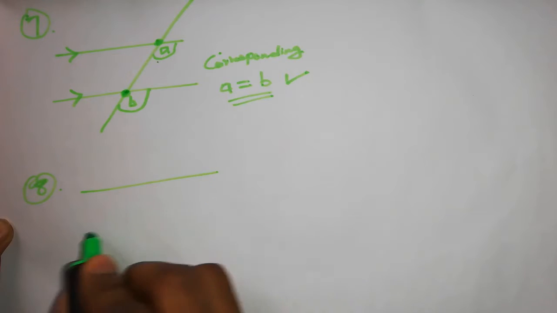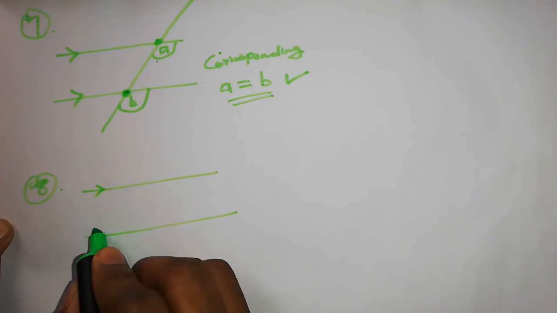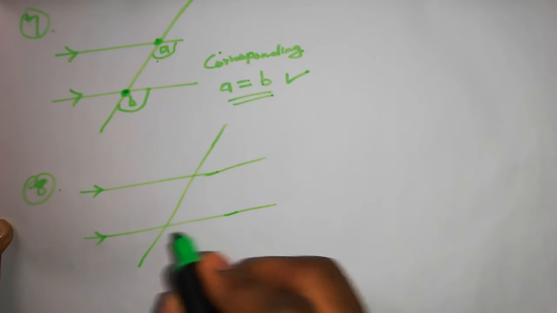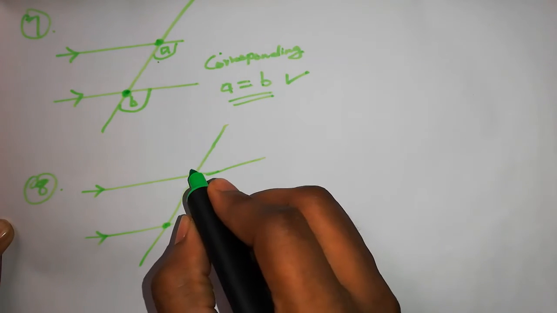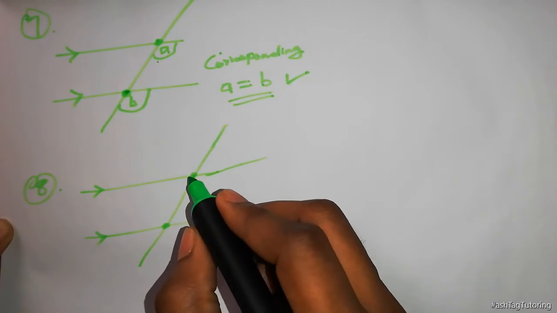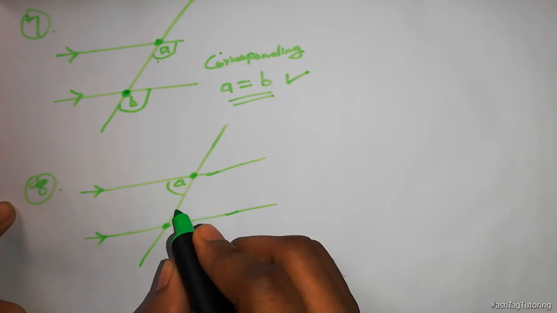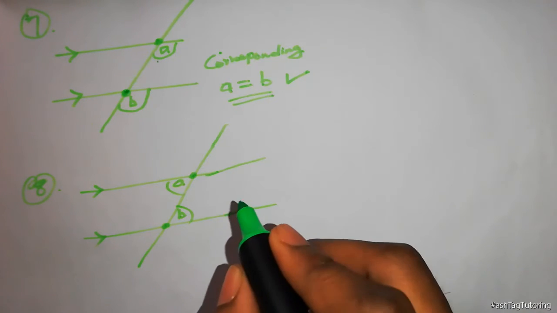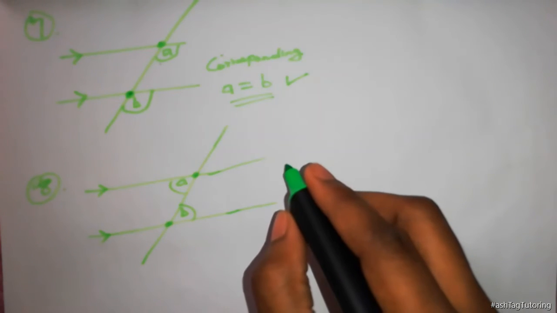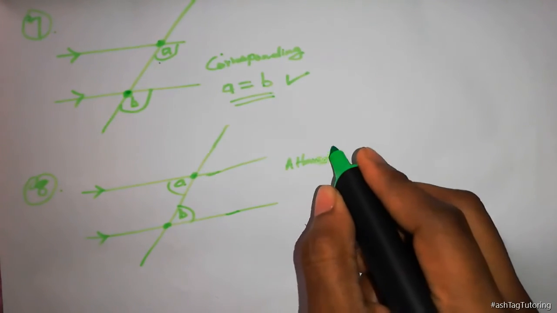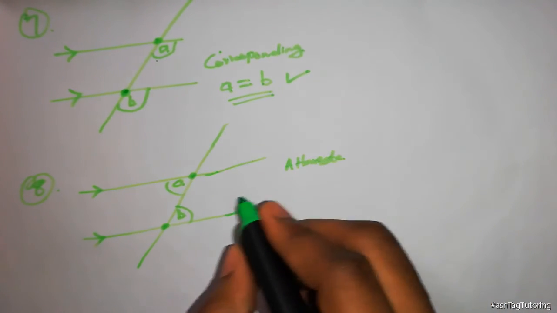Rule number 8, two parallel lines crossed by another. It's very important to realize that these two points are the same. So if you have an angle here, say A, and an angle here, say B, these two angles are said to be alternate angles.